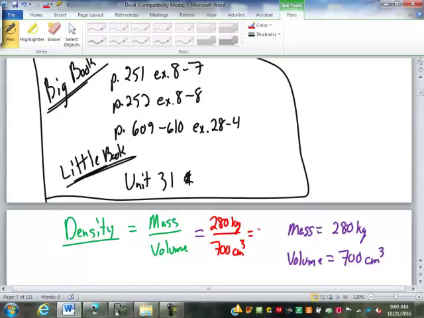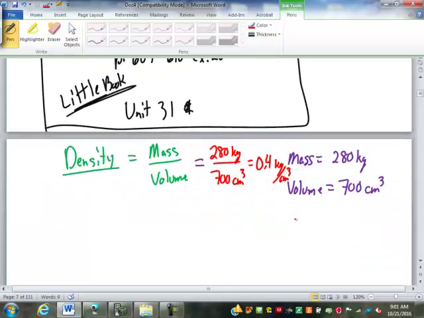We divide that out, that's going to be 0.4 kilograms per cubic centimeter. I divided 280 by 700. Define density as mass divided by volume. Yes.